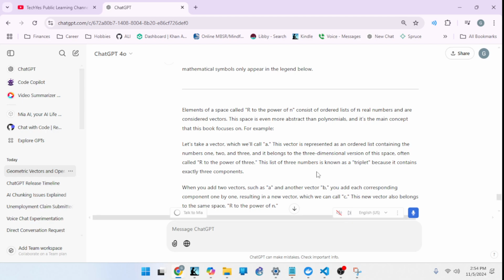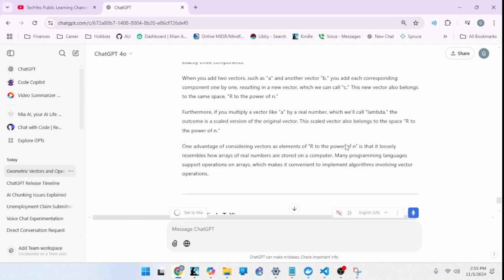This list of three numbers is known as a triplet because it contains exactly three components. When you add two vectors, such as A to another vector B, you can add each corresponding component one by one, resulting in a new vector, which we can call C. This new vector also belongs to the same space, r to the power of n.